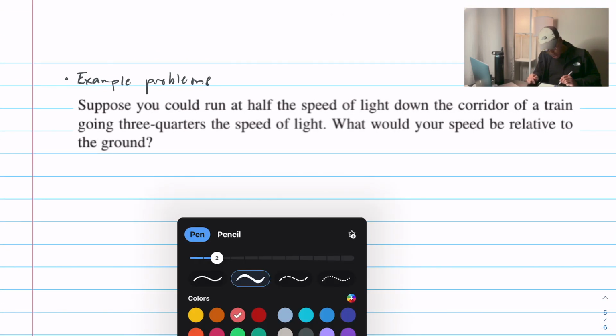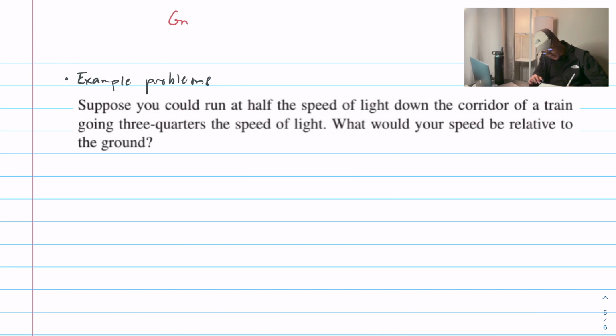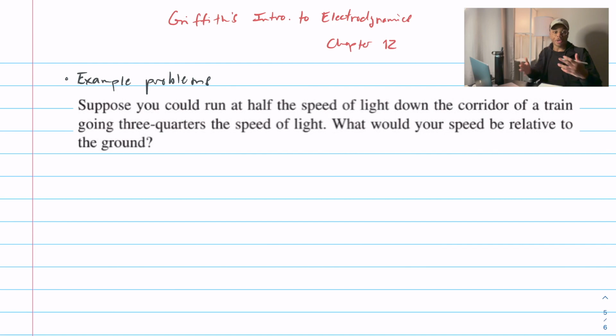These examples I am pulling from Griffiths' Introduction to Electrodynamics, Chapter 12. If you're following along, you can find these problems and work them out yourself.